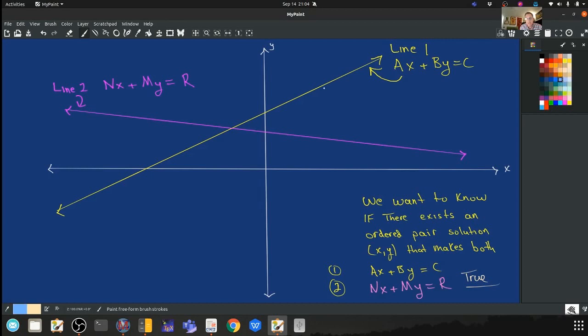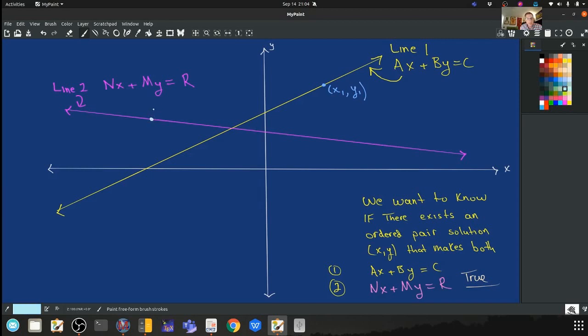So let's examine a point right there. We have that point as the value x1 and y1. Since x1 and y1 lies on the graph of line 1, when I plug in the value of x1 into this equation and y1 into this equation, I get a true equation. Let's come over here to the purple line.